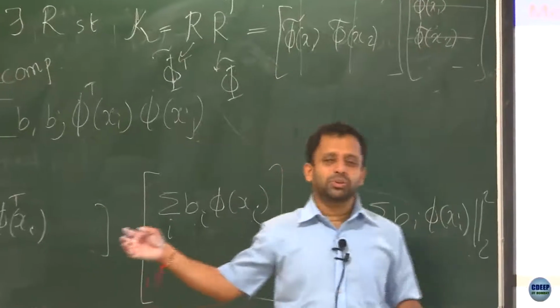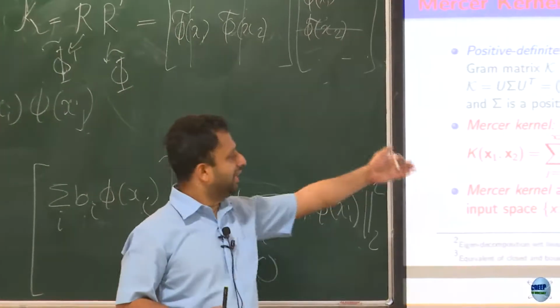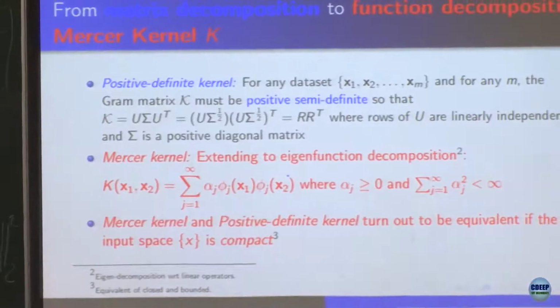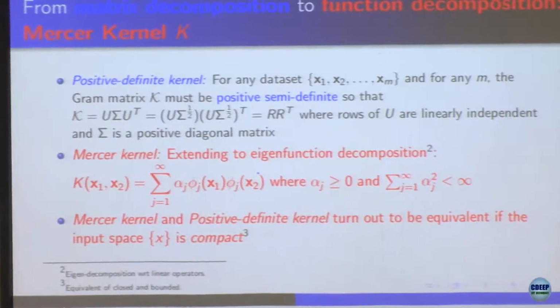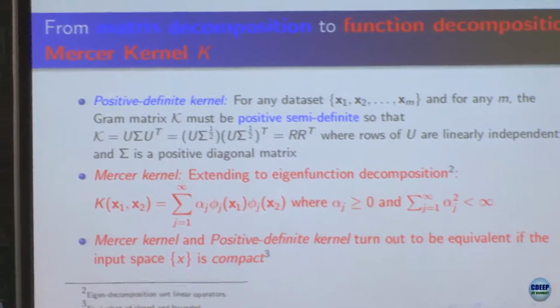Now instead of going through that, we have something more ready-made which we can directly leverage, and that's called the Mercer kernel. Mercer kernel is just extending all this eigenvalue decomposition to eigenfunction decomposition.